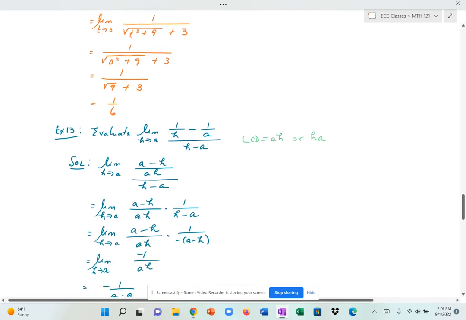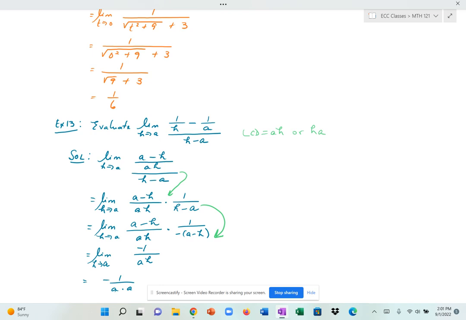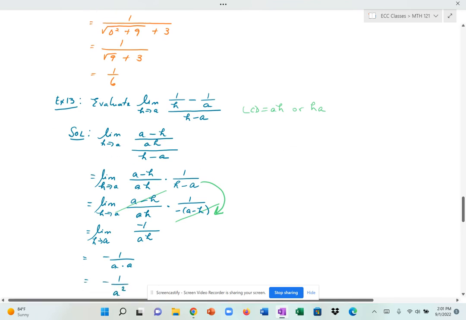So I first rewrote this division symbol as a times symbol and took the reciprocal of the denominator. So I have a minus h over ah times 1 over h minus a. And then here I factored out a negative 1 from the denominator. So therefore this a minus h and this a minus h cancel each other out, and I'm left with negative 1 over a times h.